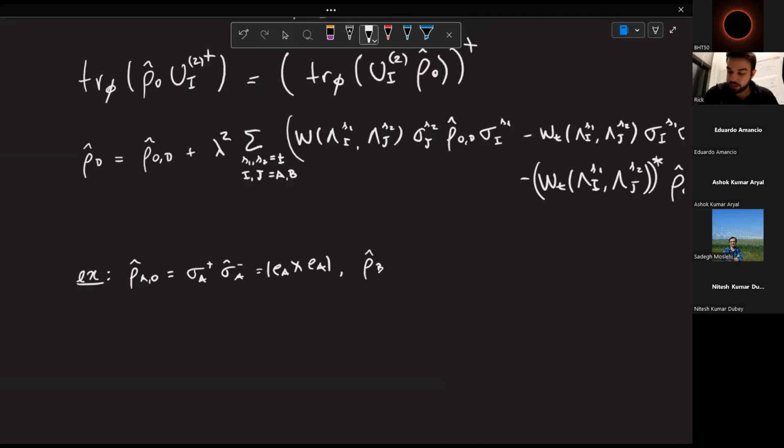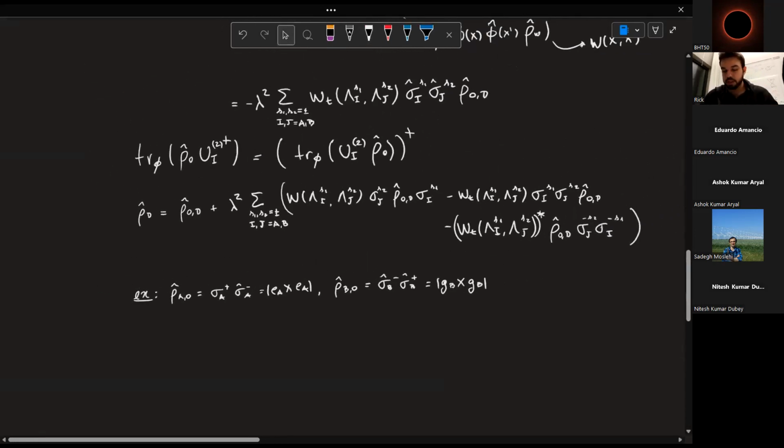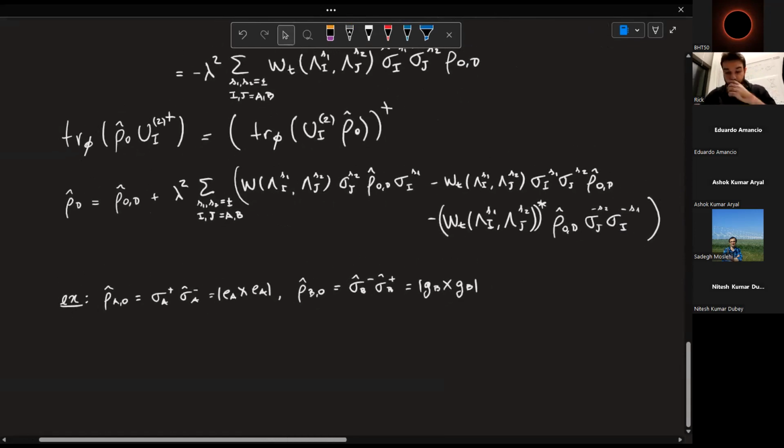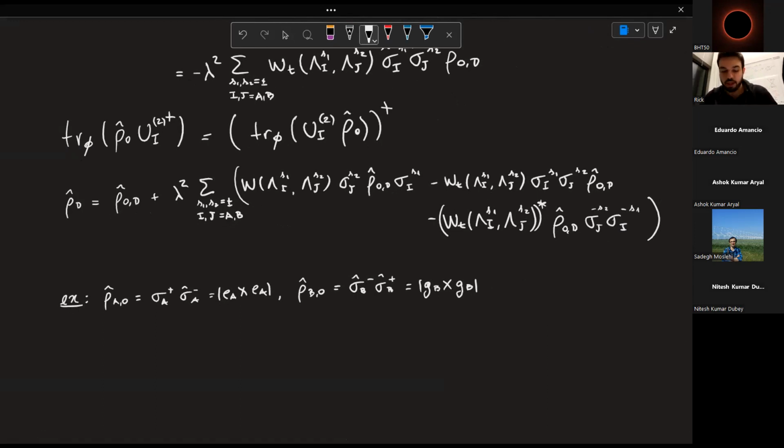Let's see what would happen if Bob started in the ground state, so that he could perhaps get excited by whatever Alice deposited into the field. Right. So now we would have to see which terms in the above sums are non-zero, right? And then we would have to write down everything.